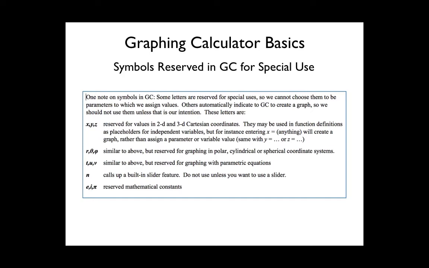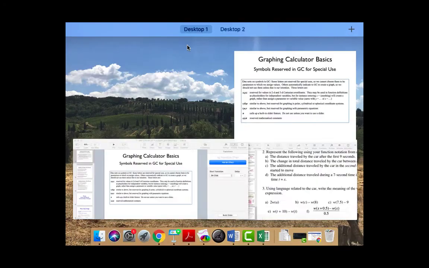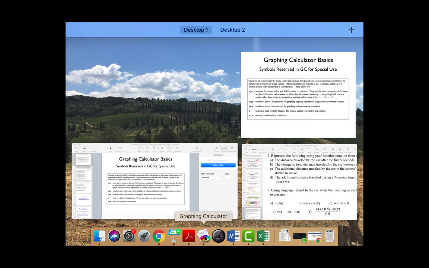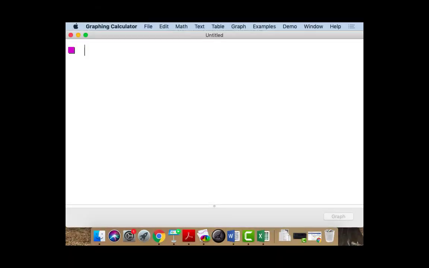E and I and pi, you can't redefine them as anything else. E is 2.7, Euler's number, I is square root of -1, and pi is 3.14. But I'm guessing that you wouldn't try to use those just offhand. So in GC, there's a file that's in Canvas that you can open up, but let me just open up GC really quick.